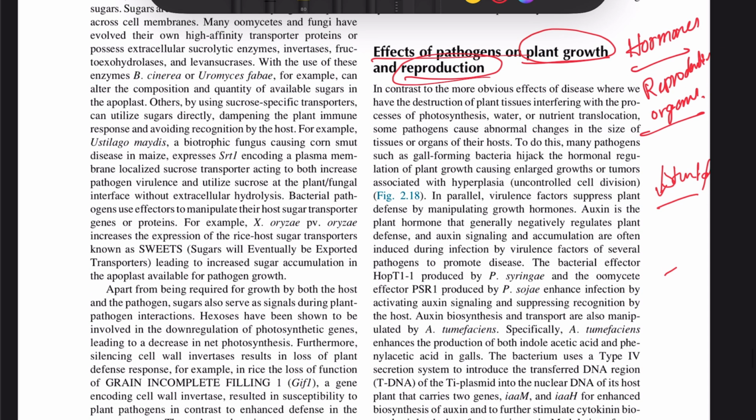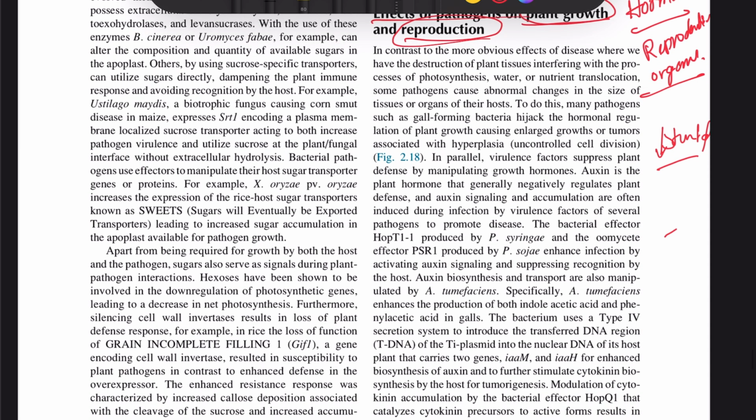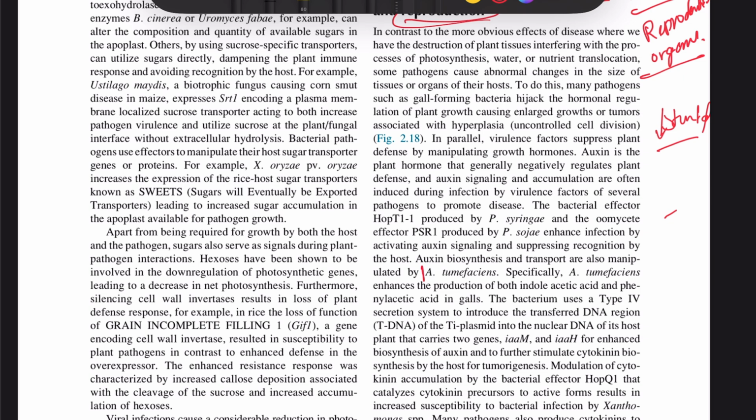Now, let's see one example. This is one of the examples, okay? Because of Agrobacterium, A is for Agrobacterium. Agrobacterium tumefaciens, this pathogen is responsible for crown gall disease.